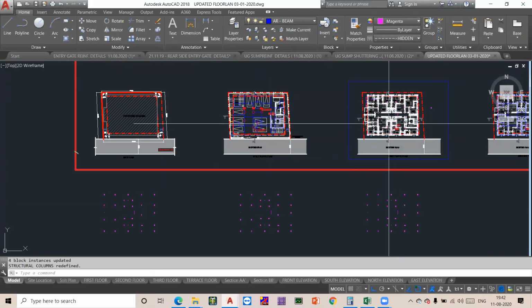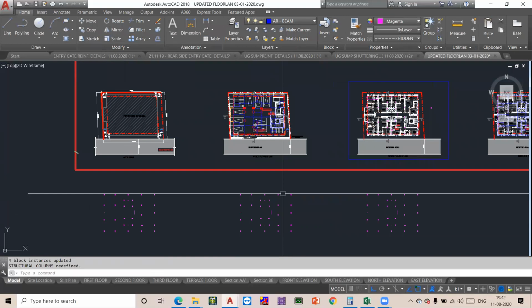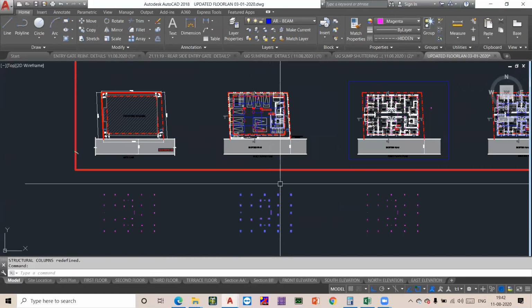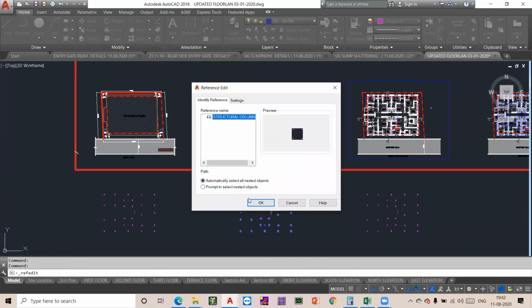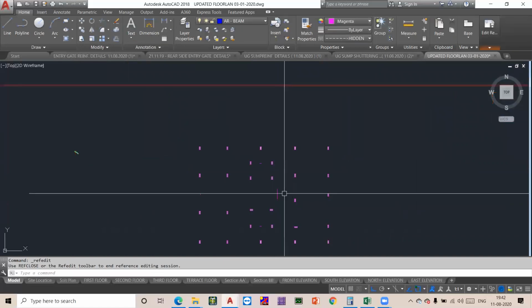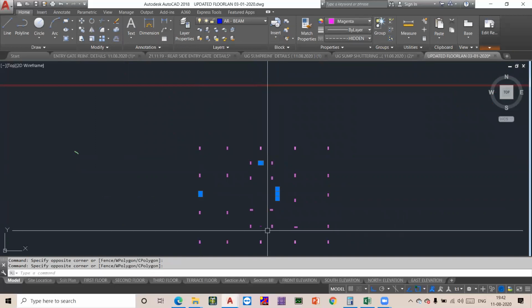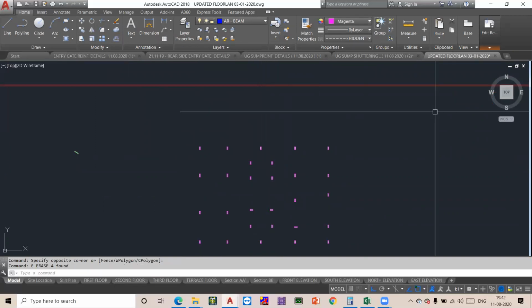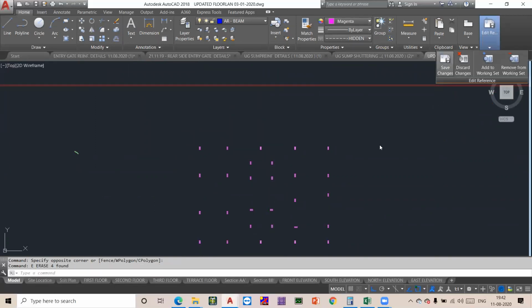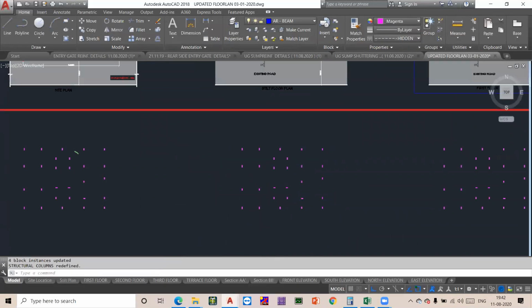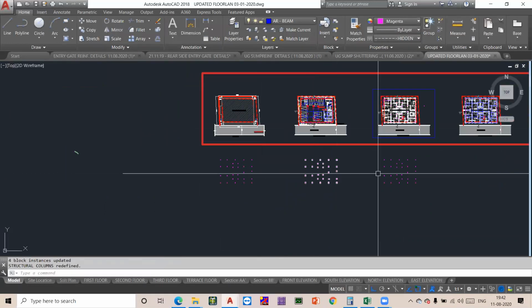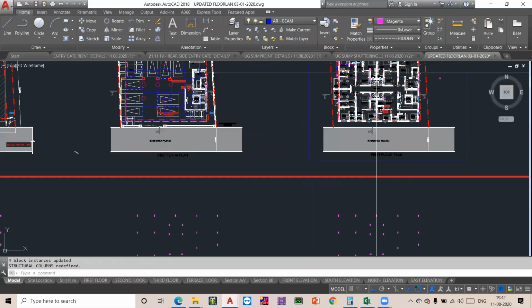So what I will do is copy the same block outside. Now I can do any edit, and all of it will be reflected in all your blocks.